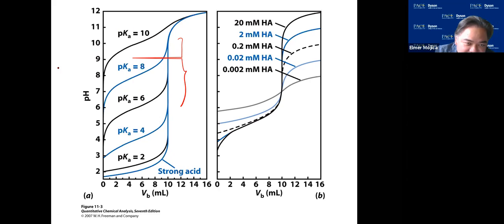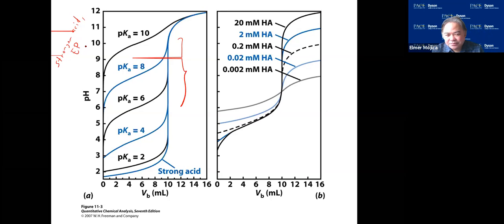The stronger the acid, what can you say about the equivalence point? Anyone, especially those who have not answered yet? Because my chat will be my record. Okay? Is the equivalence point lower?